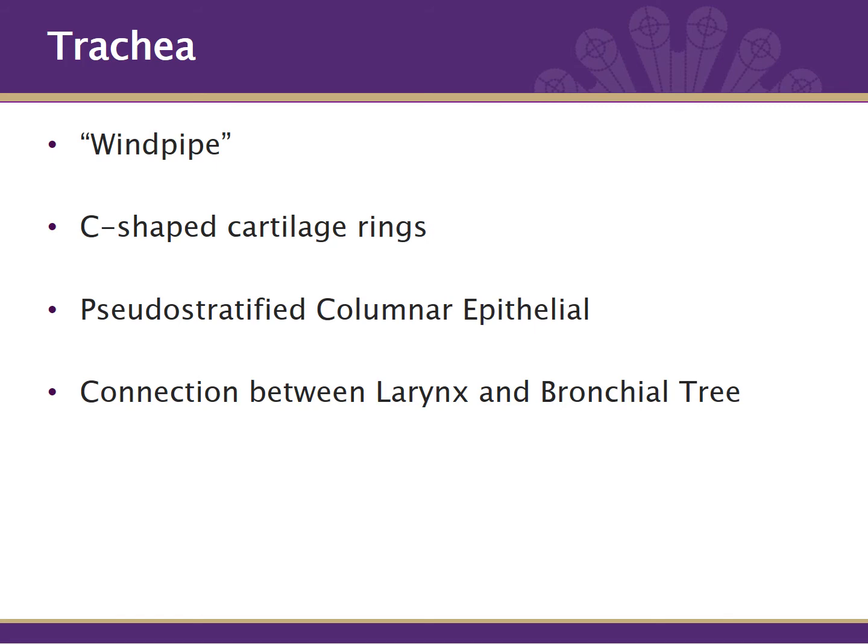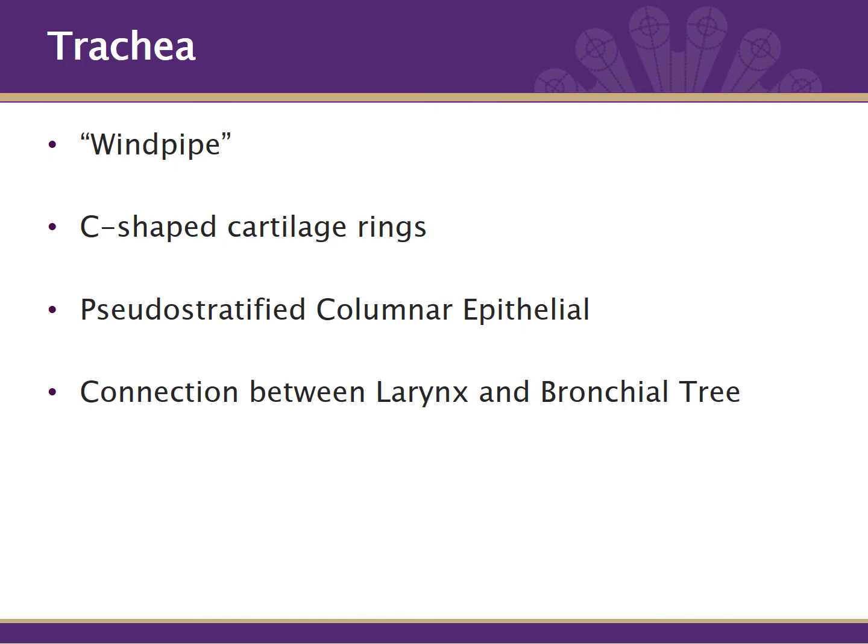The C-shaped cartilage rings help provide support to the trachea as a passageway for air to the lung. The ring shape also allows the trachea to be flexible as food passes along the esophagus, which runs posteriorly, or just behind the trachea.